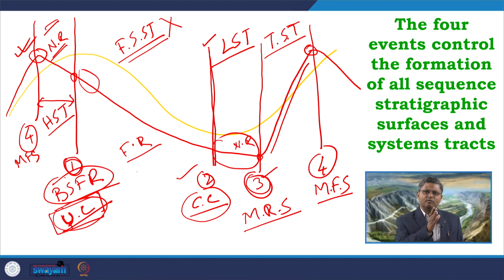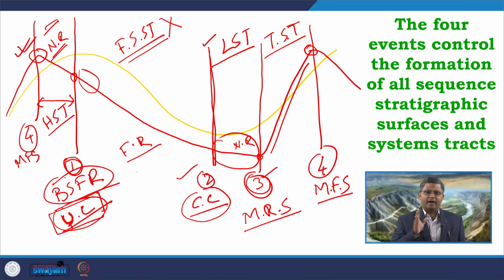We are getting 4 different systems tracts: FSST, falling stage systems tract; LST, low stand systems tract; TST, transgressive systems tract; and HST, high stand systems tract. And these are bounded by several boundaries, and these boundaries are also very much characteristic of that particular systems tract.